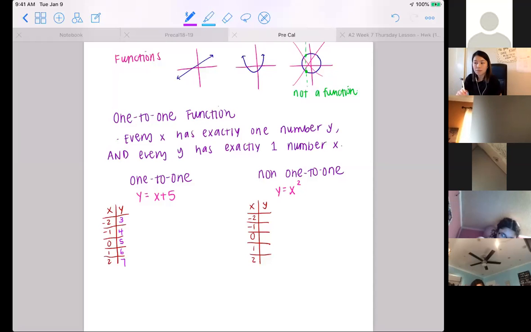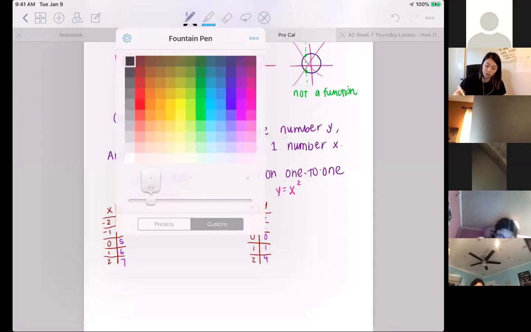Yes, good job, Evelyn. And then how about the ones on the right side? If my graph is x squared, what are going to be the numbers? 4, 1, 0, 1, and 4. Good.